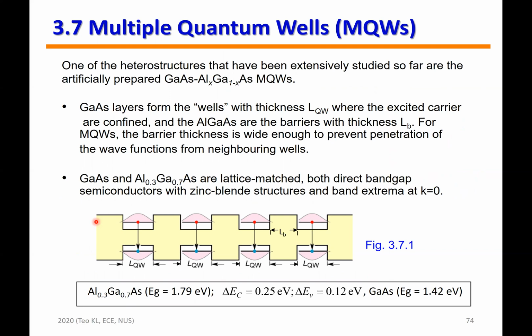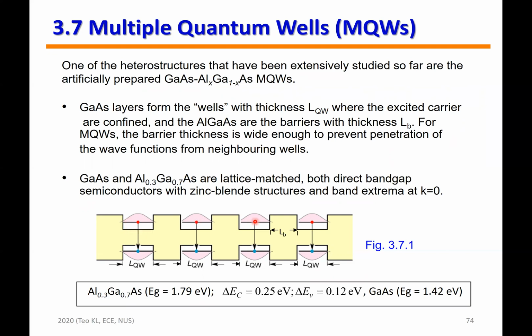The advantage of using multiple quantum well compared to a single quantum well is because your carrier needs to be trapped in the well. There's a reasonably high probability that if you use a single quantum well, your injected carrier may not be able to trap in the well, and then it would just transit, particularly as the well width decreases.